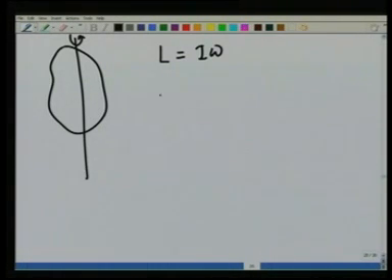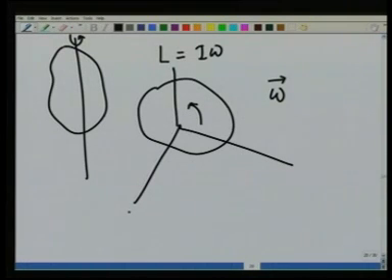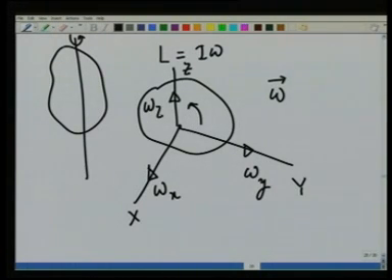Suppose we take a body which is fixed at one point and it is rotating with some angular velocity omega, so that if I take x, y and z axes, there is a component omega x, a component in this direction omega y, and a component in direction omega z. What is the angular momentum about this point?